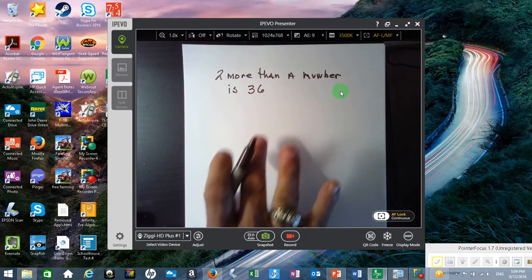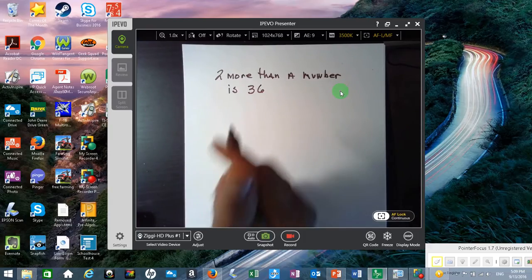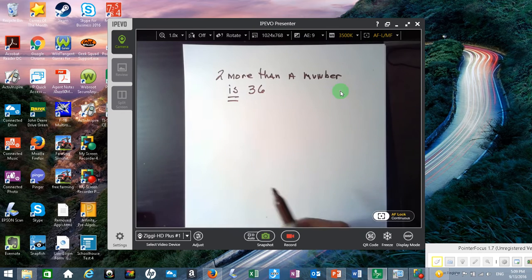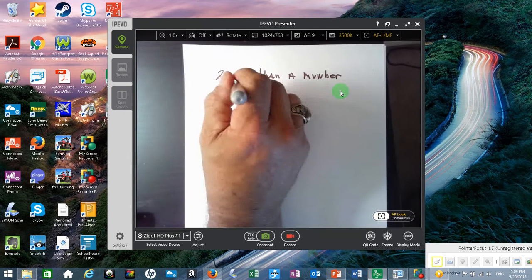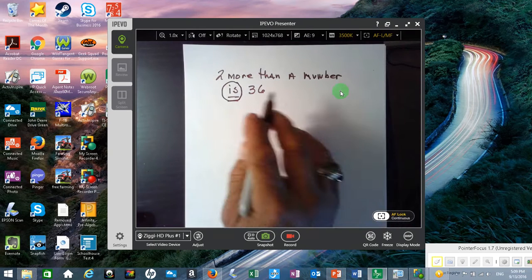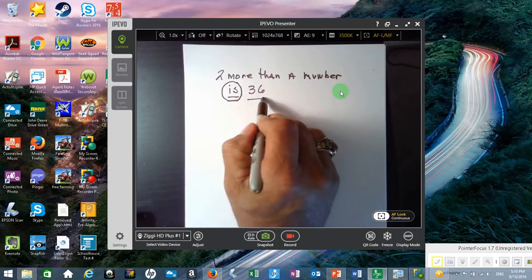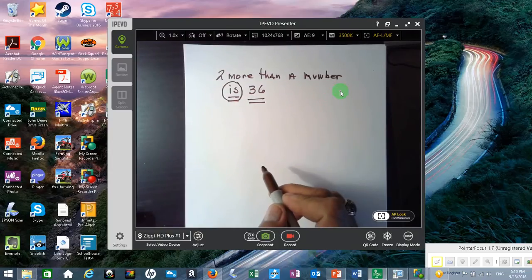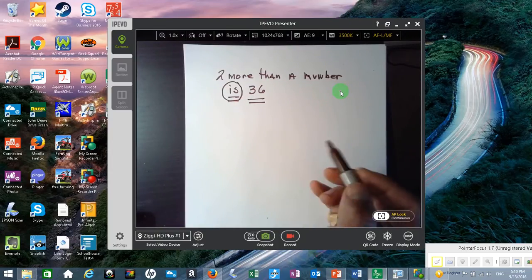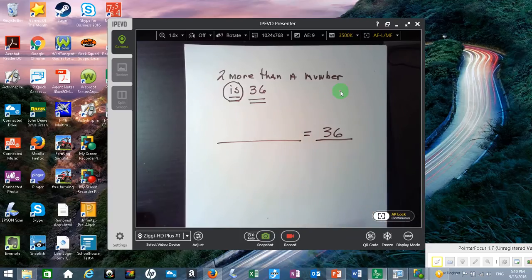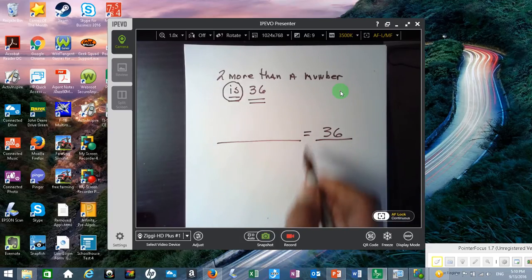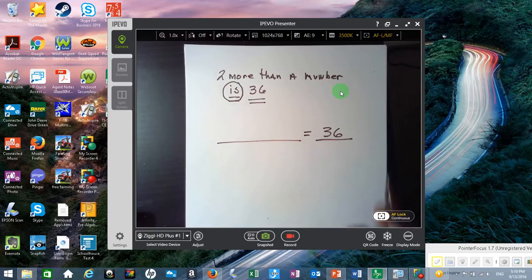There are 2 or 3 key words here, but the main one is "is," because "is" usually means equals, and usually what's to the right goes to the right of that "is." So I can already say I've finished half the problem, because there are 2 sides to each equation and you've got one of them done.